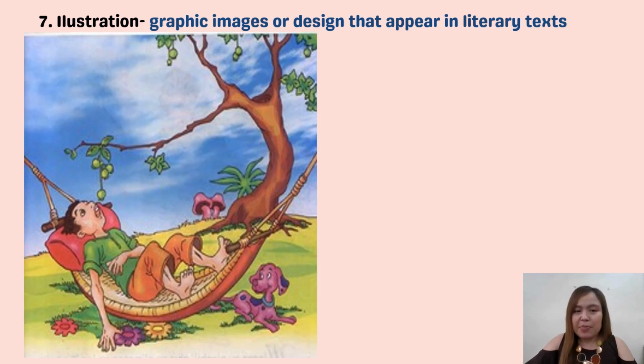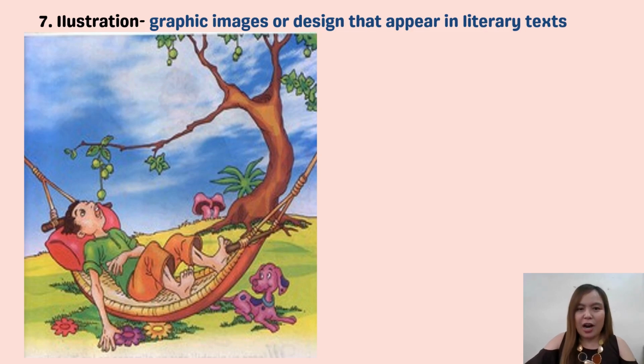Number 7 is illustration. These are graphic images or design that appear in literary texts. And oftentimes artists, again, think very carefully about what particular image or effect they would like to achieve through their illustrations. This picture of Juan Tamad, for example, is drawn in a caricature-like manner.